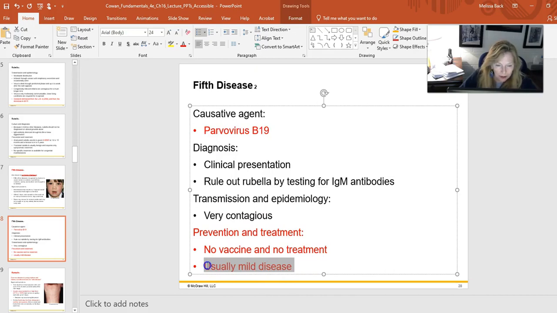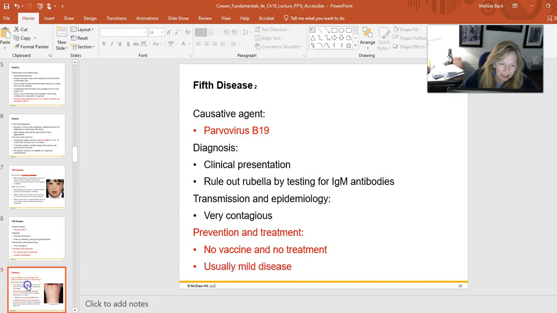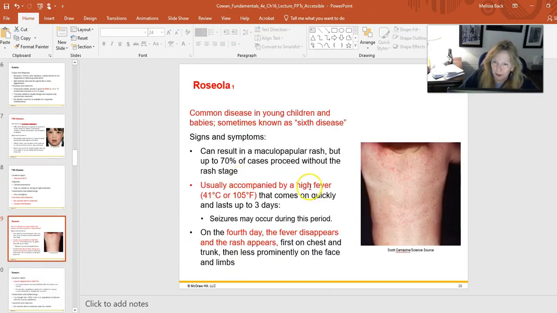It's usually mild, and it can be diagnosed because of serology testing, looking for the antibodies that are there. So an indirect serology test, looking for those antibodies. So again, treating the symptoms while the patient is sick with this.